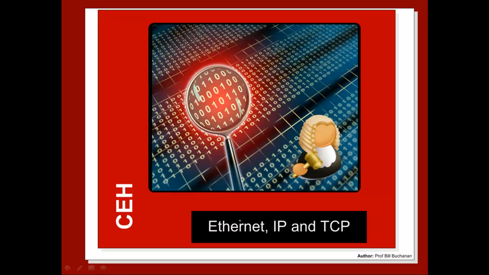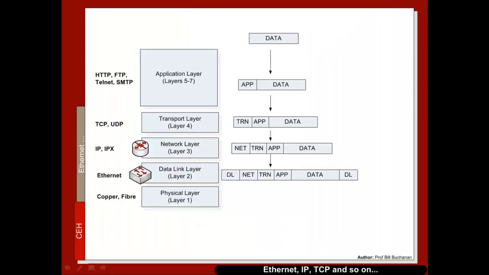So now we'll look in a bit more detail at the three basic protocols that are often used in any internet communication, and that's Ethernet, IP and TCP. And they basically fit together like this.